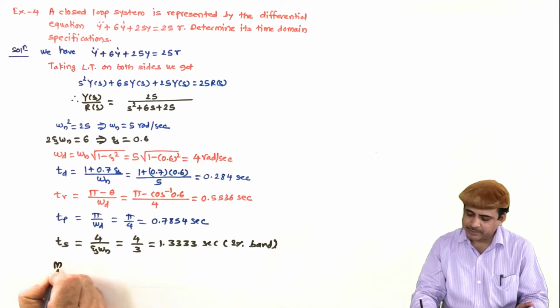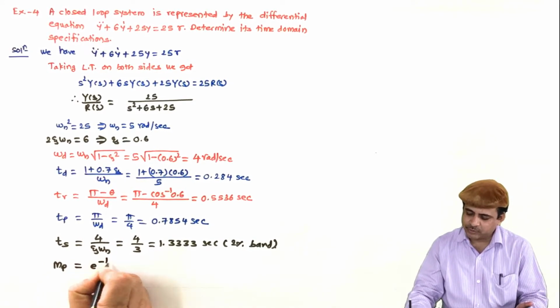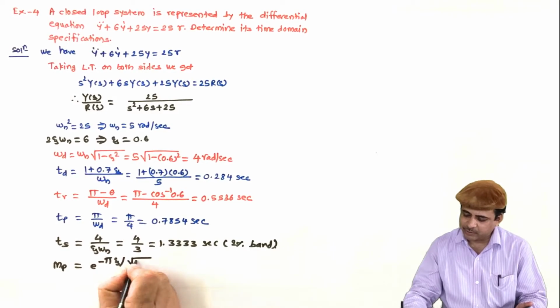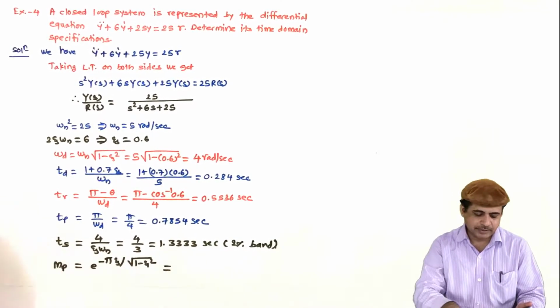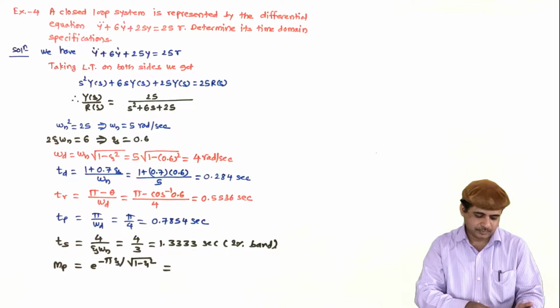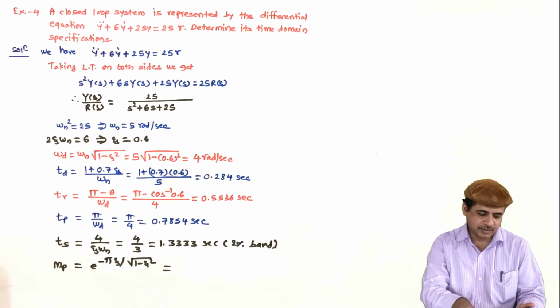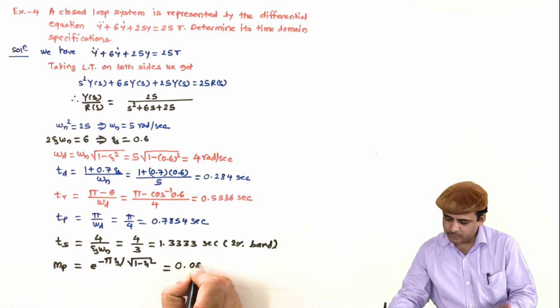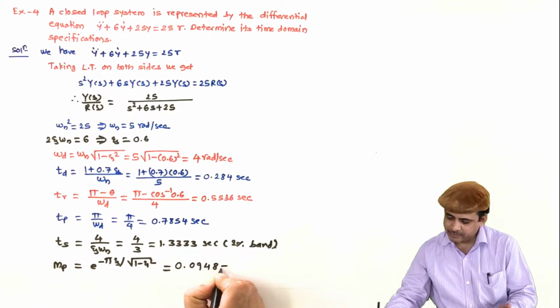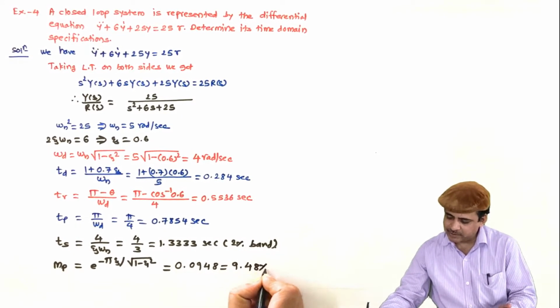And the last one is MP. MP is e raised to minus pi zeta upon under root 1 minus zeta square. So it is coming 0.0948, so that is 9.48%.